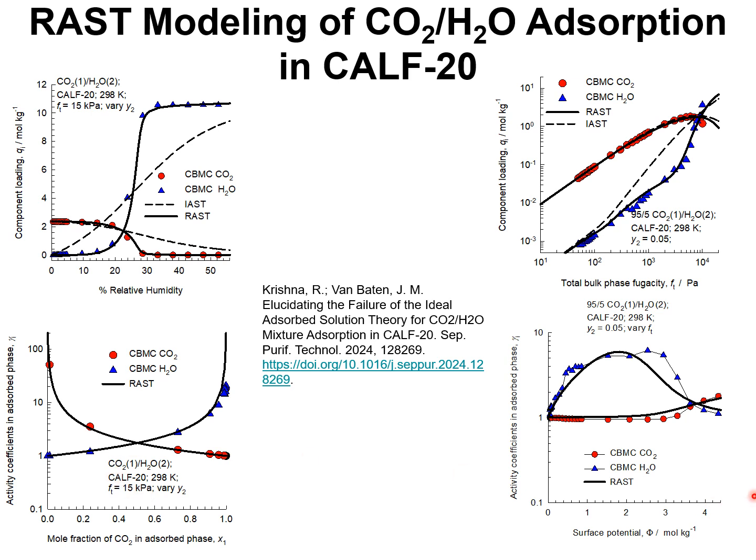The two sets of data on the activity coefficients provide essential clues on how to set up the RAST model for the activity coefficients.